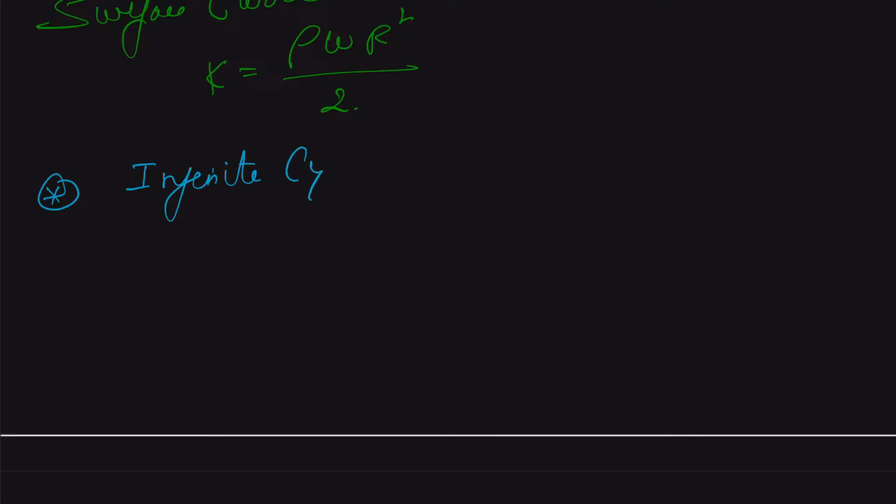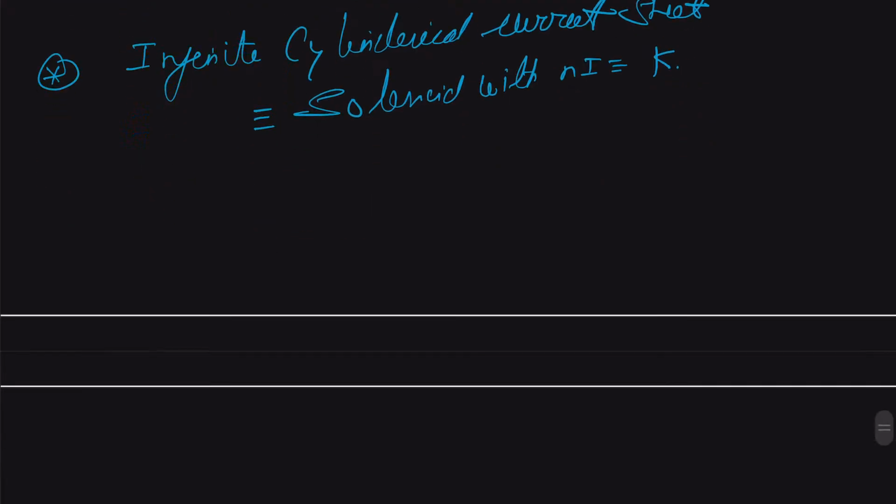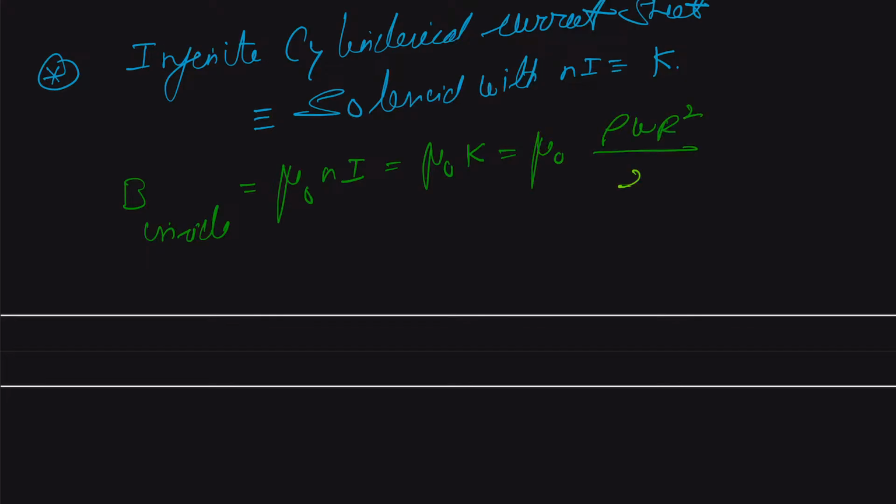That will be equivalent to a solenoid with n times I, and that is nothing but K. Therefore, the magnetic field inside will be equal to mu naught n I, which is nothing but mu naught times K. Substituting the value, we get mu naught rho omega R square by 2.